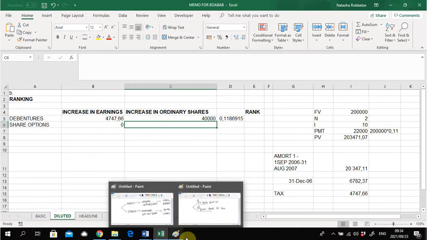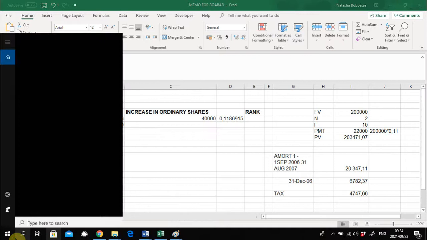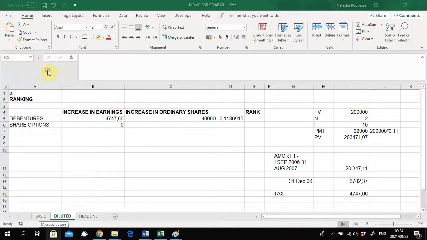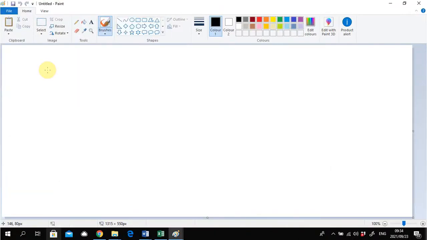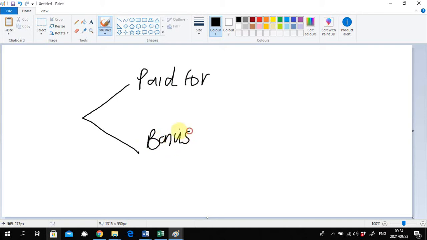So if I go back to my paint, or let's just open another paint, let's quickly explore what this means. If we have a share option, you will agree with me that there is a portion that's paid for and a portion which is bonus. What we paid is 2.50 Rand. So what is the percentage that we paid? We paid 2.50 Rand out of a possible 4 Rand.